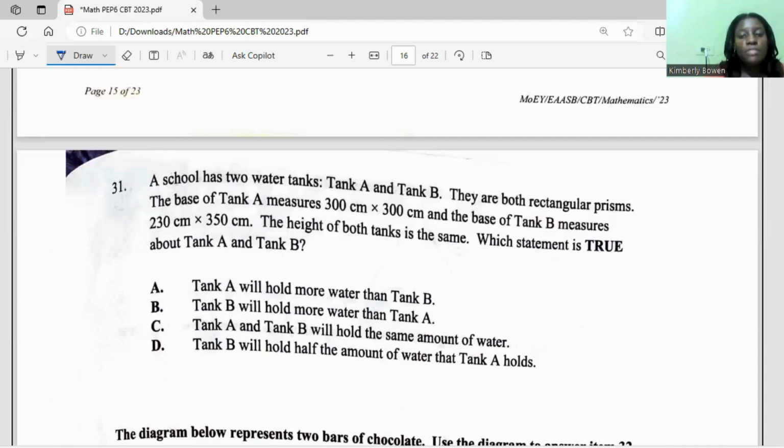The base of tank B measures 230 centimeters by 350 centimeters. The height of both the tanks is the same. Which statement is true about tank A and B? Tank A will hold more water than tank B.